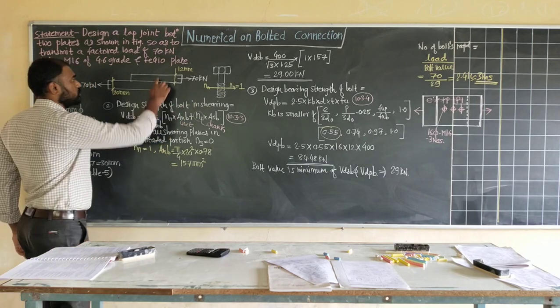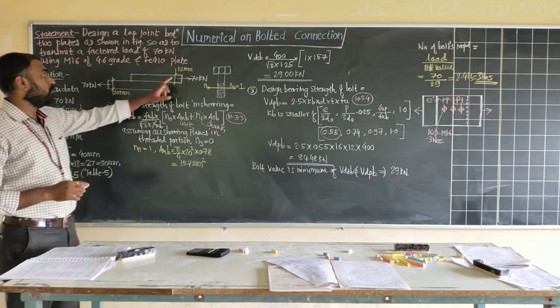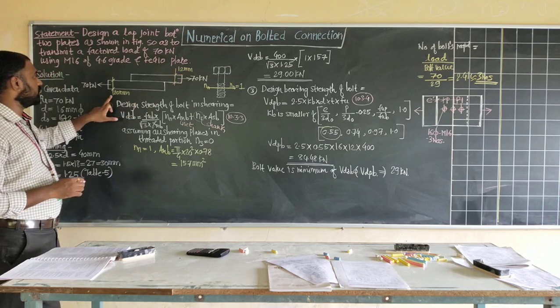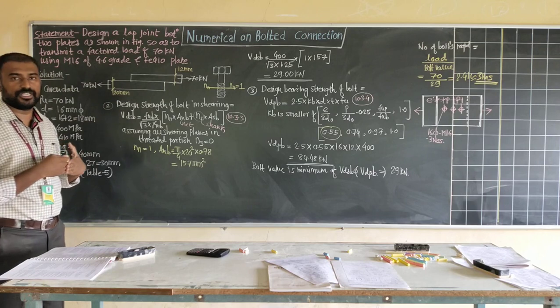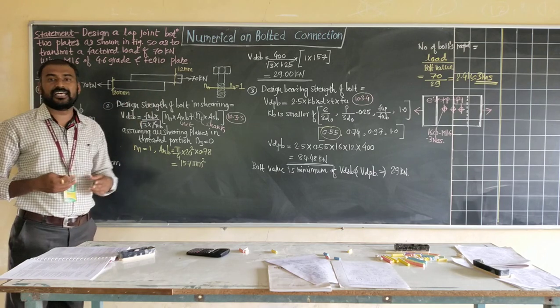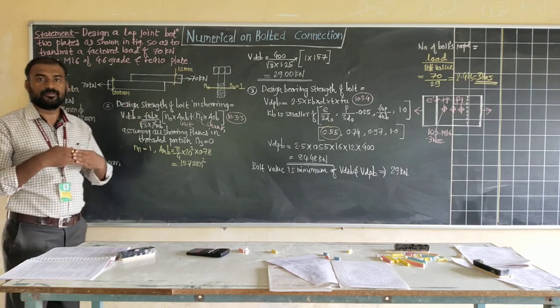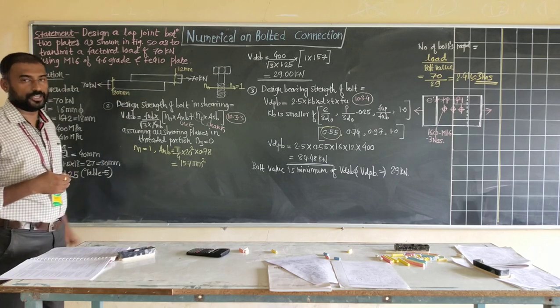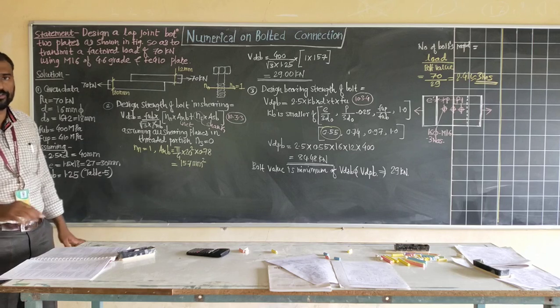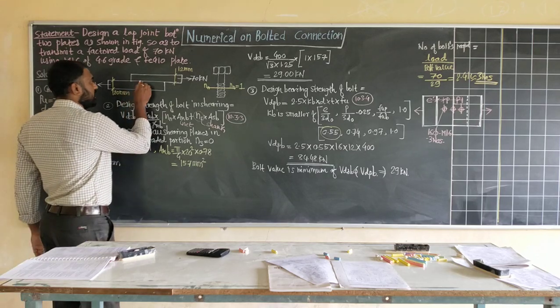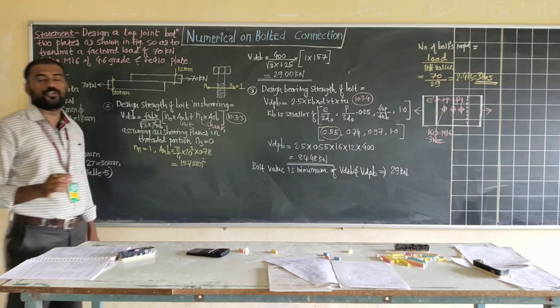Now here from this lap joint you can see that a plate of thickness 12 mm and a plate of thickness 20 mm are to be connected using a lap joint, that is a bolted connection. Here both the plates are overlapped over each other, and for that connection you need to provide a bolted type of connection. Therefore the number of shearing planes in case of this lap joint is going to be 1.